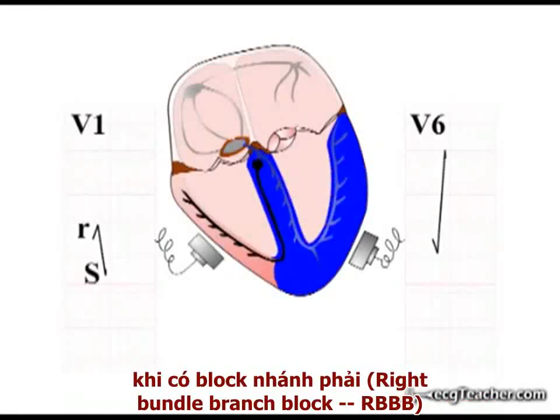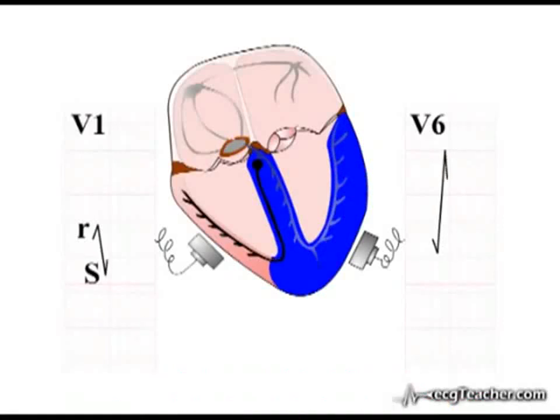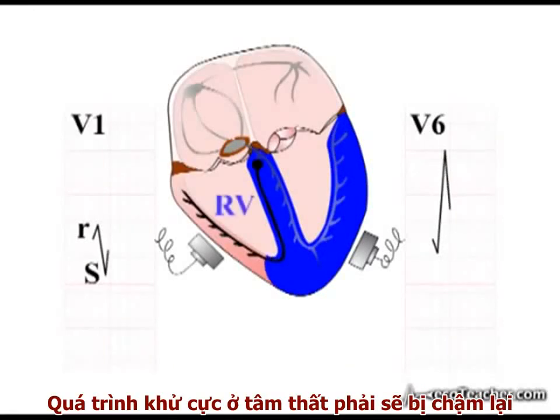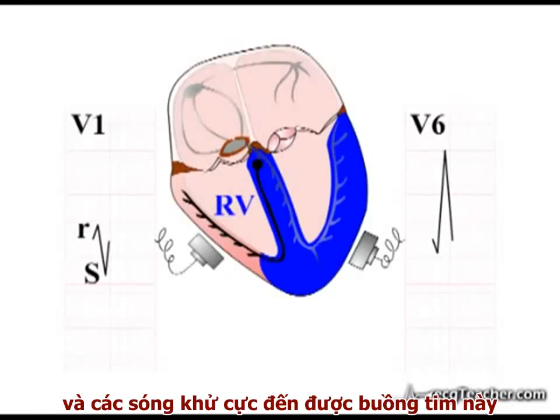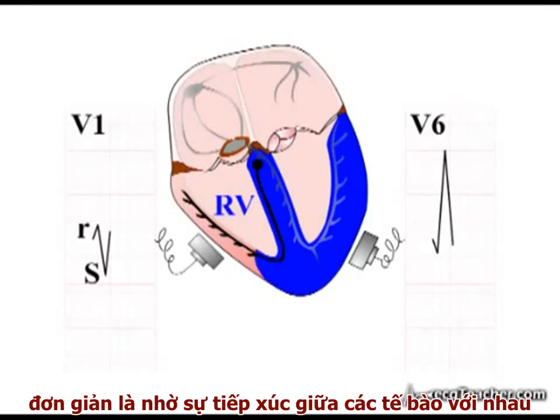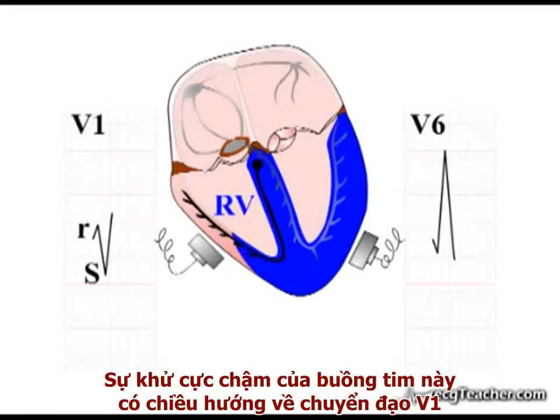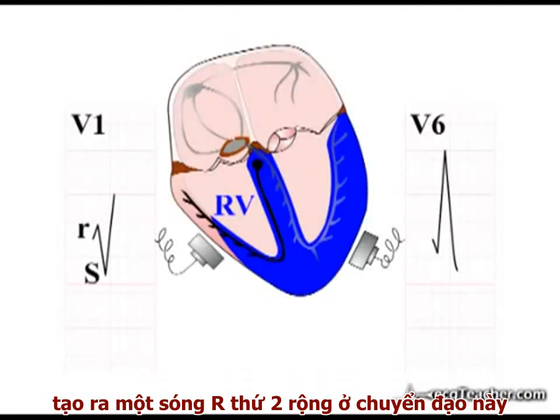In the presence of right bundle branch block, depolarization of the right ventricle is delayed and travels to the chamber by direct cell-to-cell contacts. Slow depolarization of this chamber moving towards V1 produces a wide second R wave in this lead.